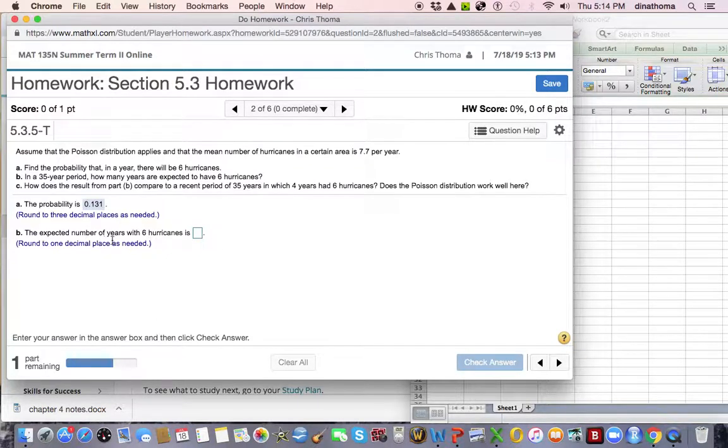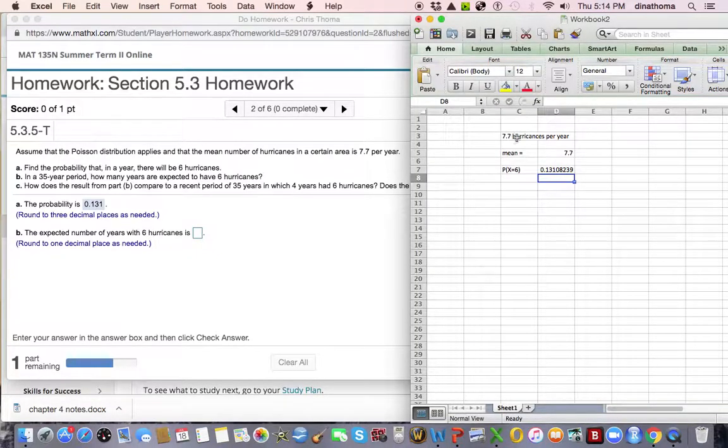The expected number of years with 6 hurricanes is, oh, in a 35-year period, how many years are expected to have 6 hurricanes? I don't quite understand this question. Oh, they want you to find a new rate. This was per year. This is in 35 years.